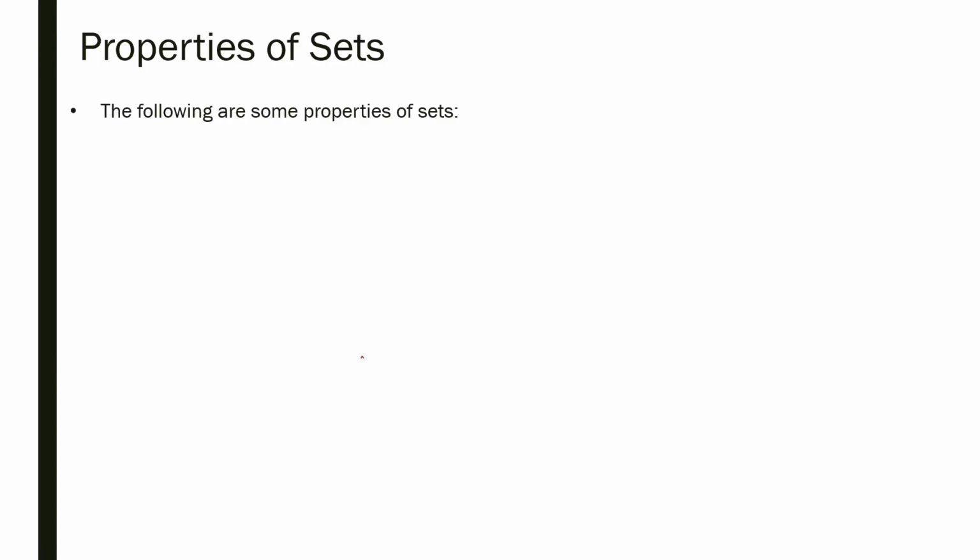All right, let's look at a couple properties of sets. If you have A intersect B, this is the set of all elements that are in A and in B. This will always be a subset of A. And let's go back to that Venn diagram.